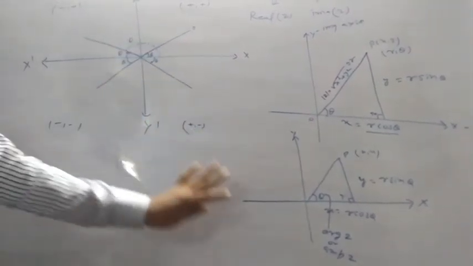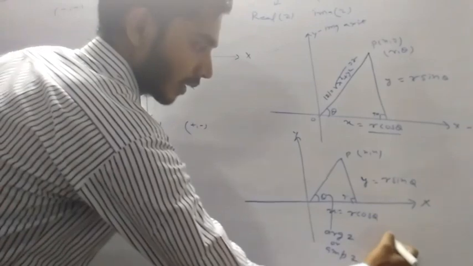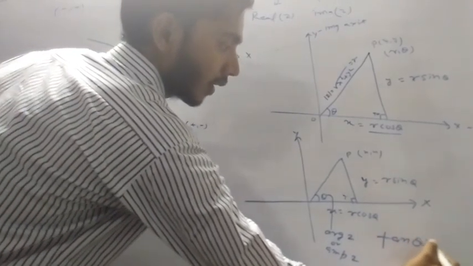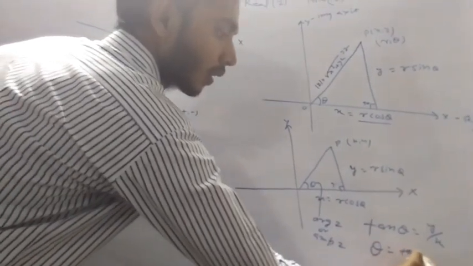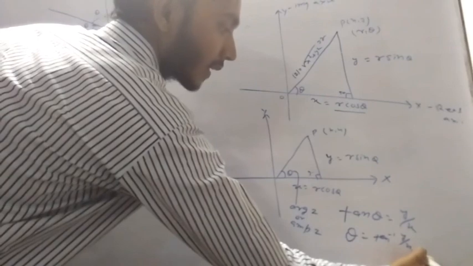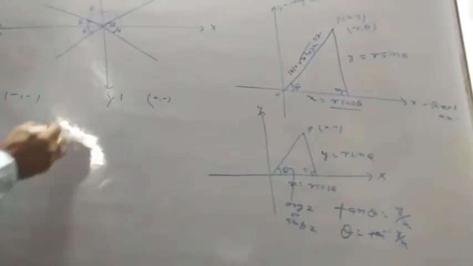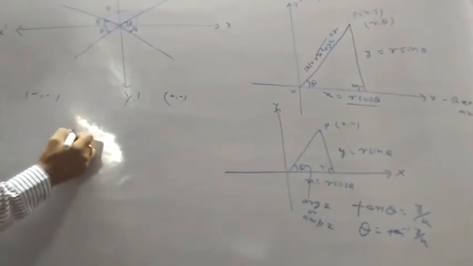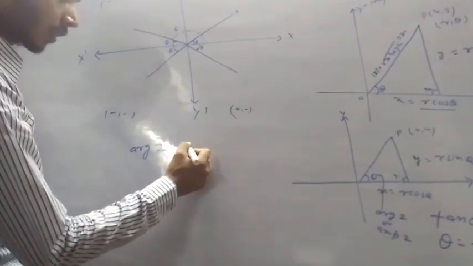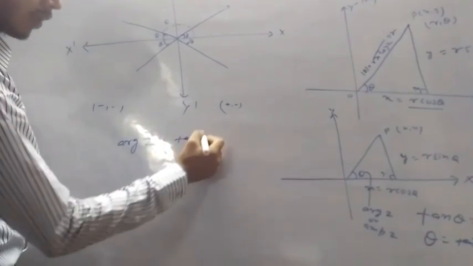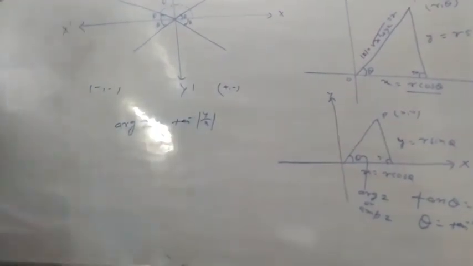If we find the argument of z, then tan theta is equal to y upon x, and theta is equal to tan inverse y by x. Then we have to find the argument of z is equal to tan inverse modulus of y upon x.